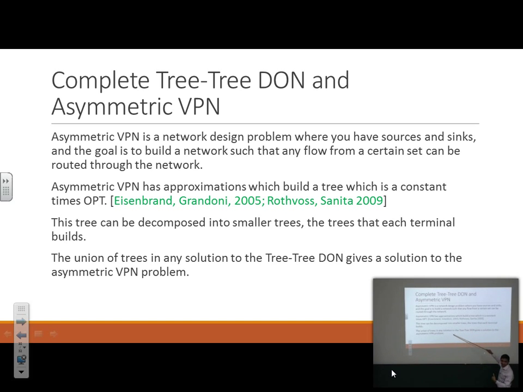And conversely, any tree solution we get, which luckily happens to be the case for the approximate solutions we get, can be decomposed into a bunch of trees, one for each guy in this publisher and subscriber sets. Therefore, just because we were lucky and got this tree solution, we are able to get back to it. But it's actually not clear whether these two problems are really the one and the same. It could be, for all I know. I just can't prove their equivalence.